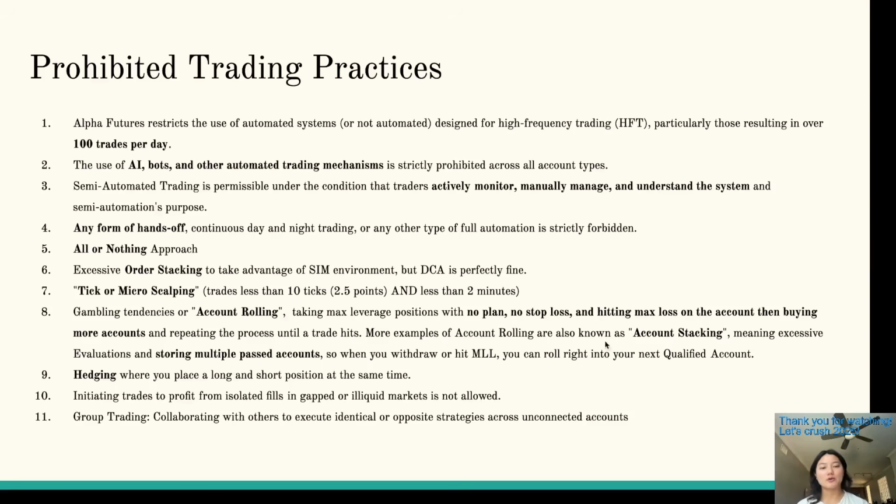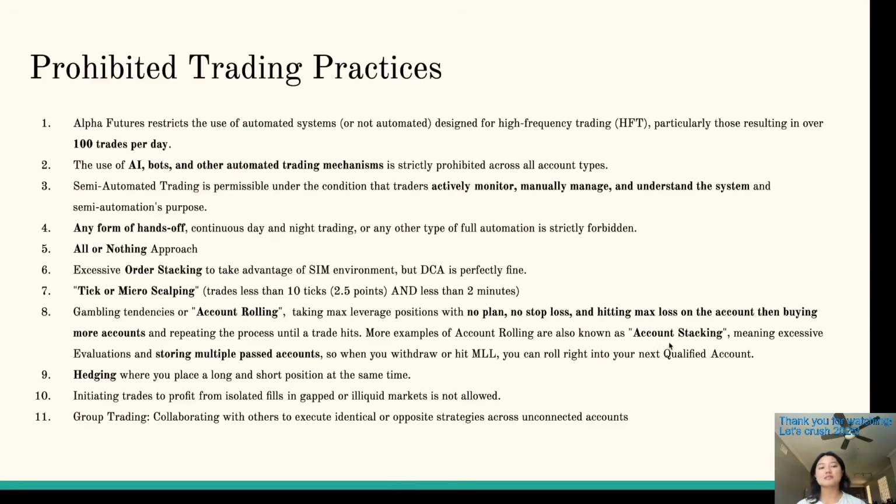Another thing with point number 8 is going to be account stacking. So I know that some other firms are able to have backup evaluation accounts that are passed, just waiting until you blow your current sim funded. But with Alpha Futures, they don't want that type of trader. Now, I think having a few on the back burner is okay, not a lot though, especially because you have to activate your evals within 30 days of passing in order to have a sim funded, because if you don't activate it within that 30 days anyways, that past evaluation is going to get lost.